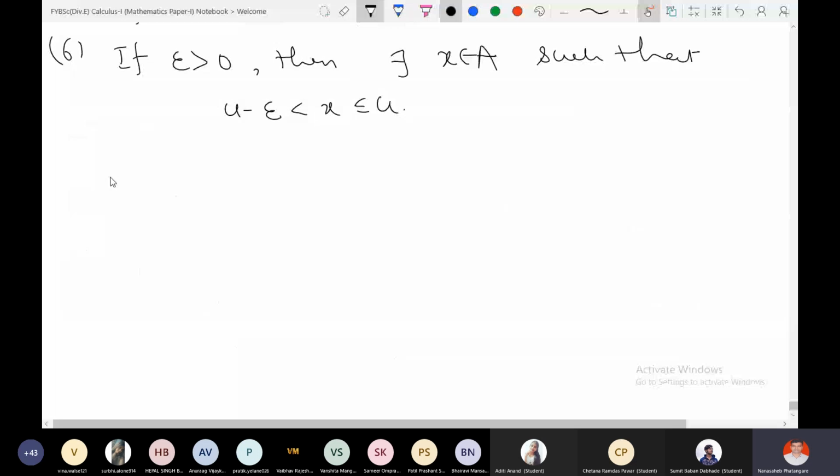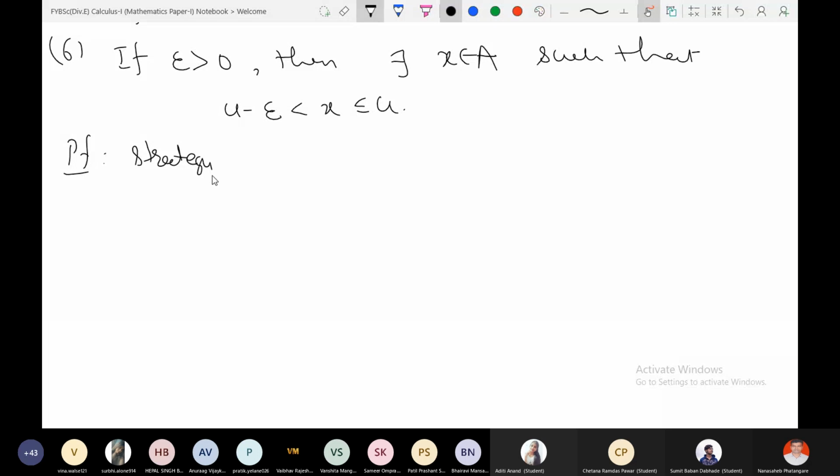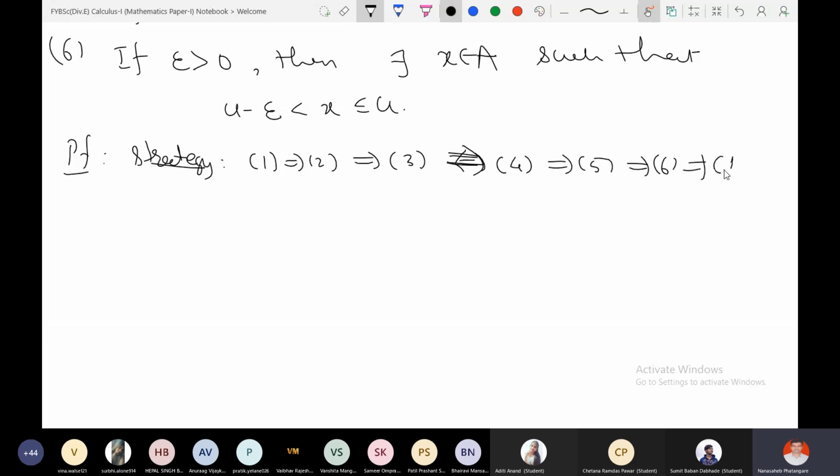So what is the strategy? The strategy of proof is that we should prove that 1 implies 2, 2 implies 3, 3 implies 4, 4 implies 5, 5 implies 6, and 6 implies 1.